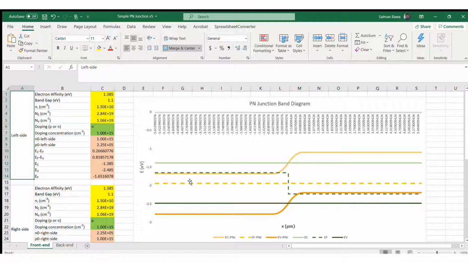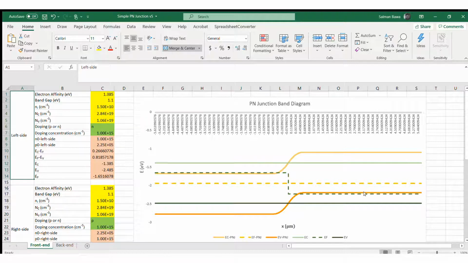Then we need to ensure that the conduction band of the left-hand side, in this case the N-type, maintains the same EC minus EF that was there before the junction formed.